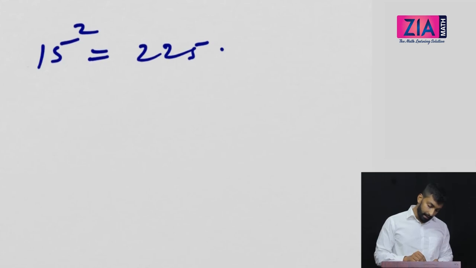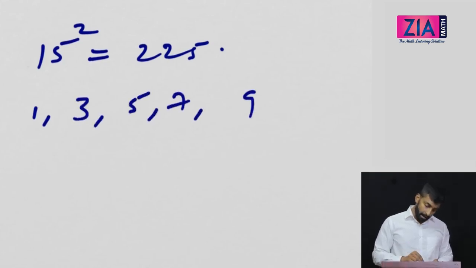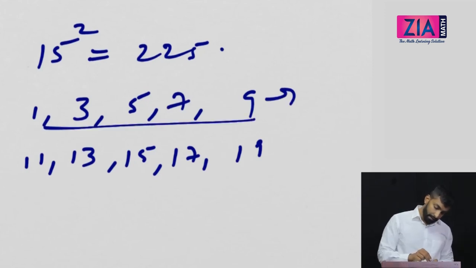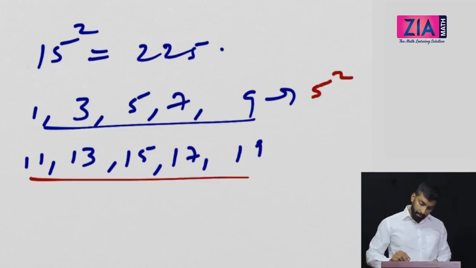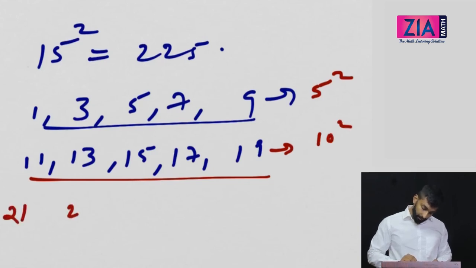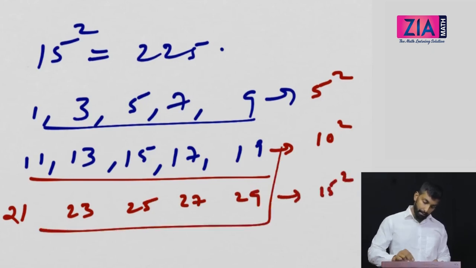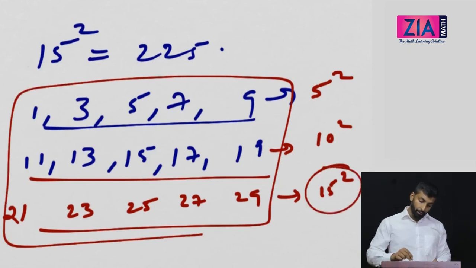I can now directly see 1, 3, 5, 7, 9, then 11, 13, 15, 17, 19, 10 numbers. If you take the sum of the first 5, you will get 5 square. If you get the sum up to this, you get 10 square. Now 21, 23, 25, 27, 29, you get 15 square if you take sum of all this. So that is what 225.